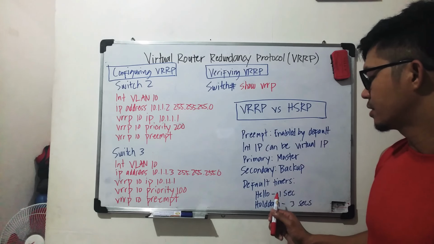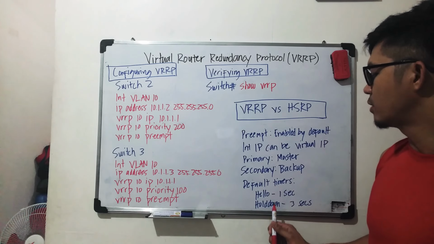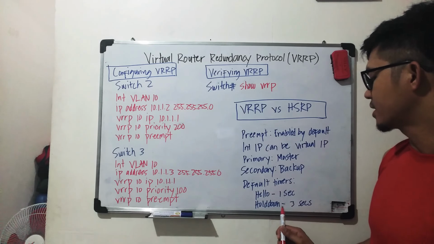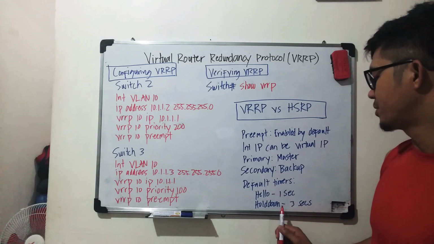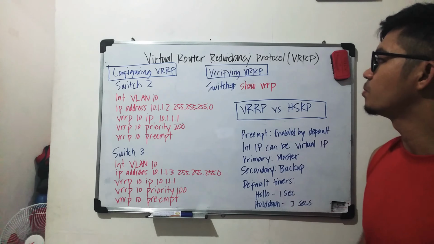Default timers: the hello timer is 1 second, hold down timer is 3 seconds. In HSRP, the hello timer is 3 seconds, hold down timer is 10 seconds.